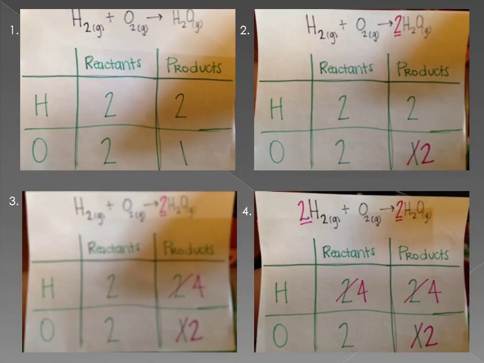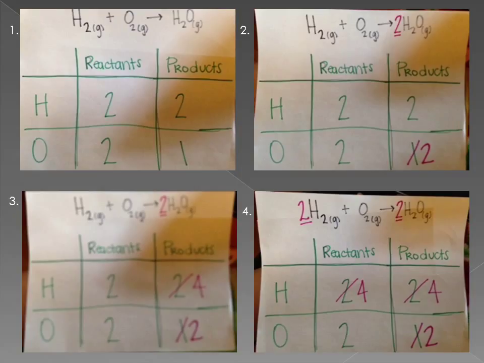And I would take whichever element you have, if you have multiple, that is not balanced, but one of them has a 1 present, I would do that first. So you see here how if hydrogen wasn't balanced and oxygen wasn't balanced and oxygen had a 1 like it does, I would try to balance those out first because then your numbers might be a little easier to handle.